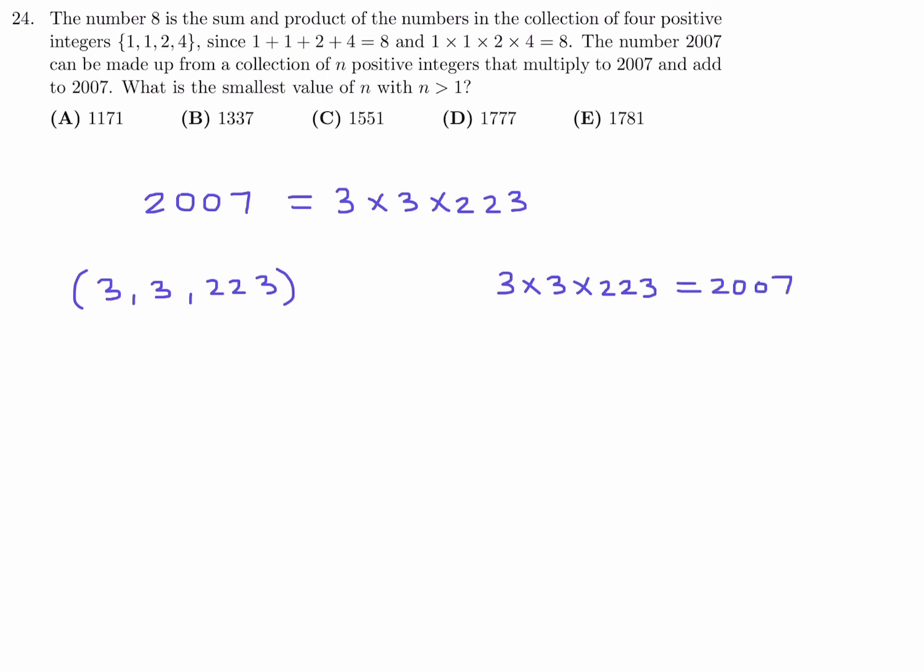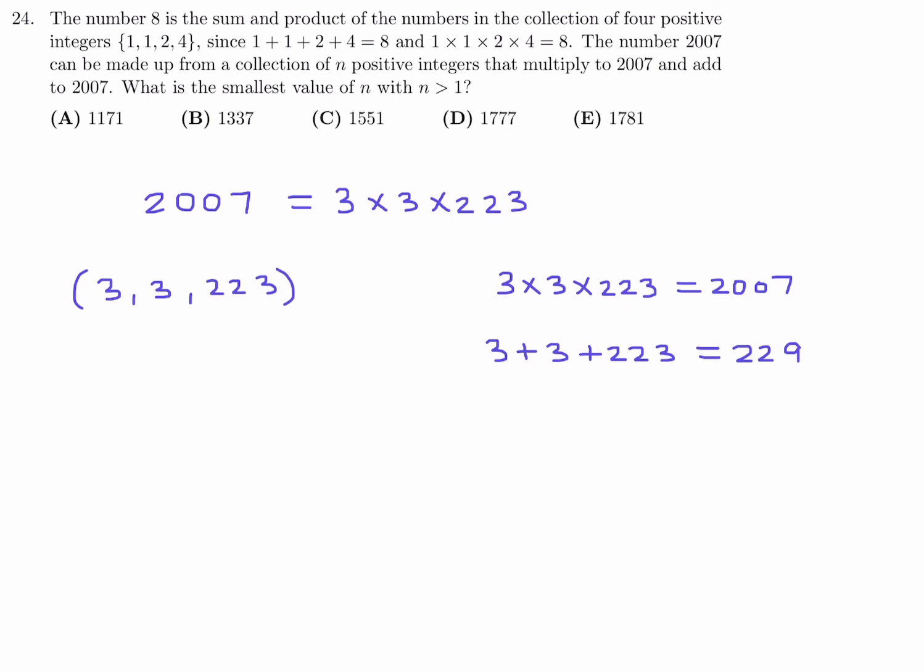But what if I add the numbers in that set? I get 3 plus 3 plus 223, and that is equal to 229, which falls way short of 2007. This sum has to be 2007 also, right? Because the product of the numbers and the sum of the numbers in the set have to equal 2007.